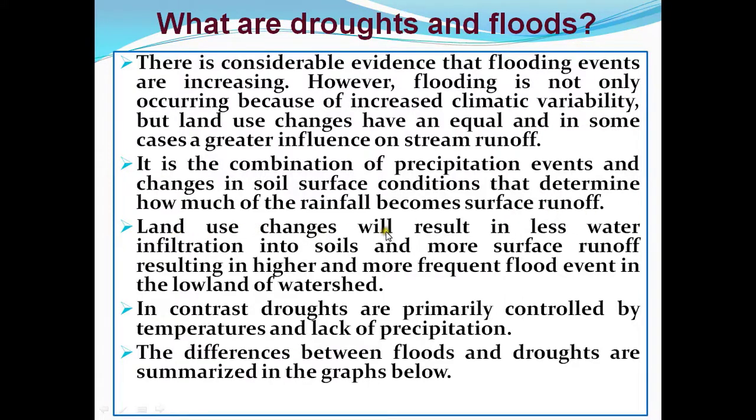Land use changes will result in less water infiltration into soils and more surface runoff, resulting in higher and more frequent flood events in the lowland of a watershed. In contrast, droughts are primarily controlled by temperatures and lack of precipitation.